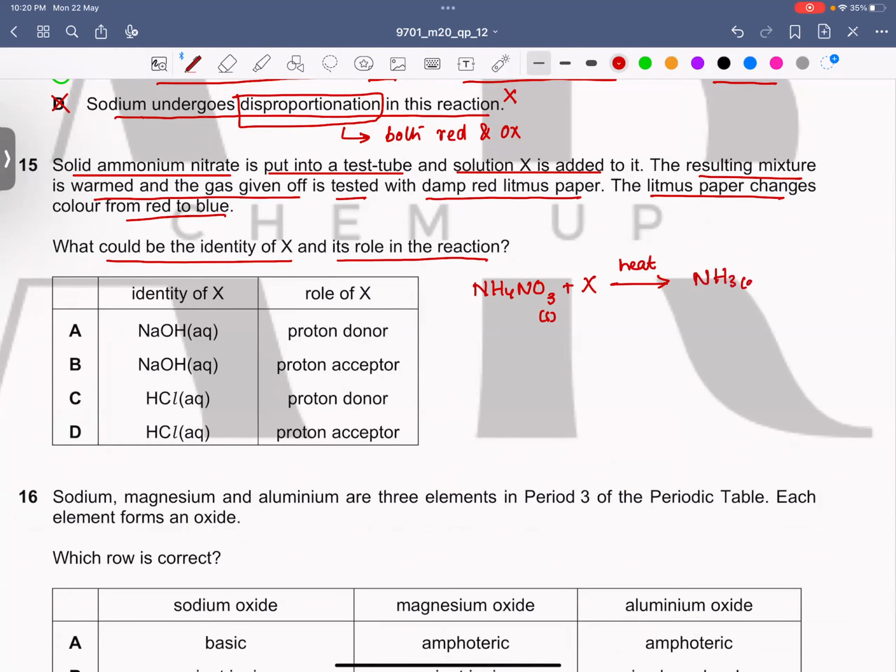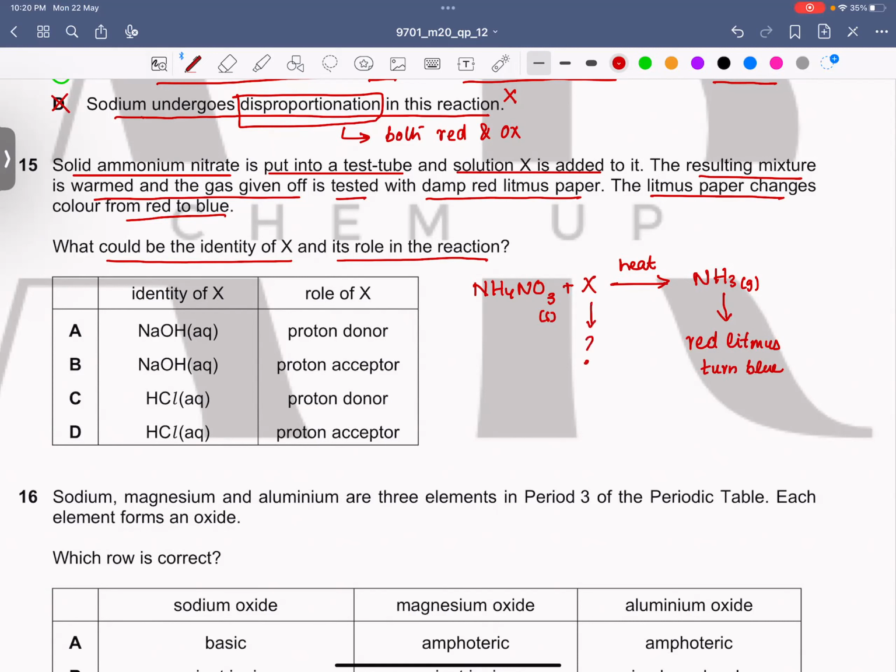And how could we know that ammonia gas is formed? Because the red litmus turns blue. So what could be the identity of X?